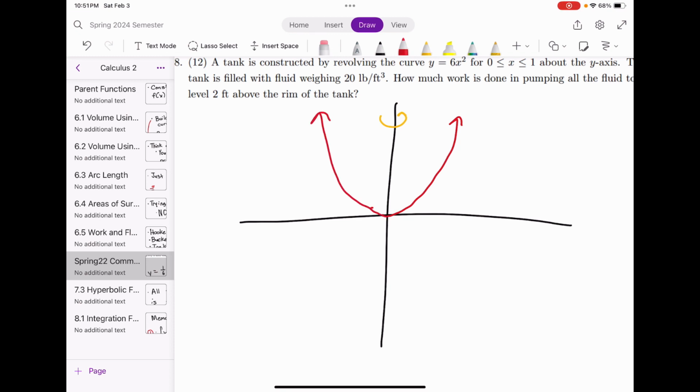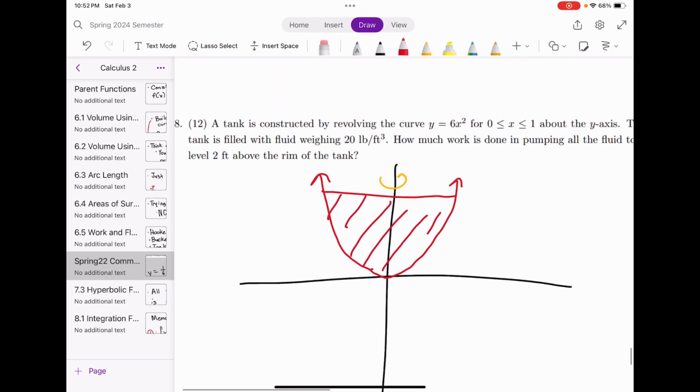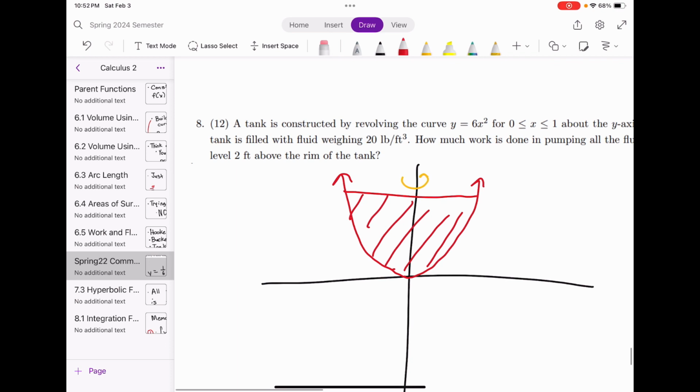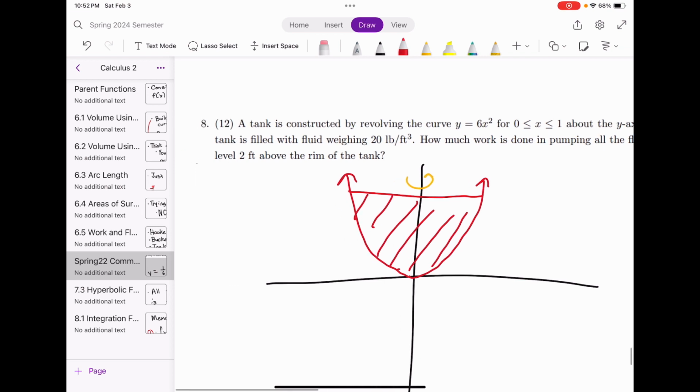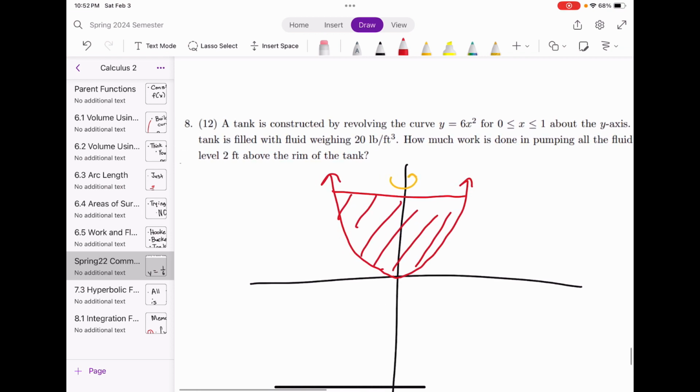It's basically something like that. The tank is filled with a fluid weighing 20 pounds per cubic foot. How much work is done in pumping all the fluid to a level 2 feet above the rim of the tank?